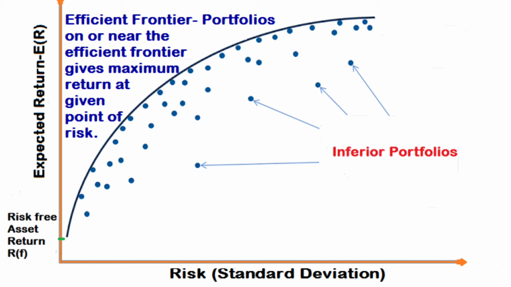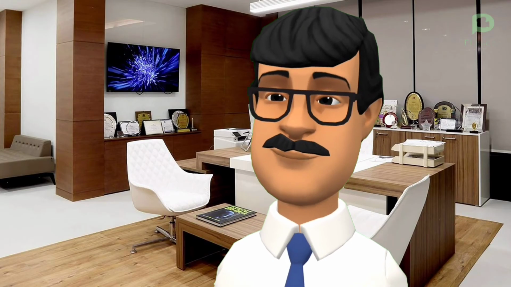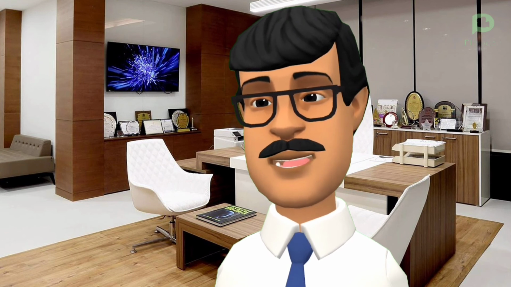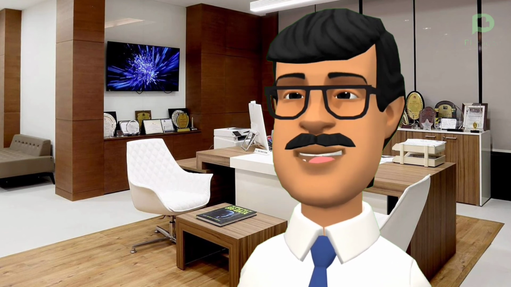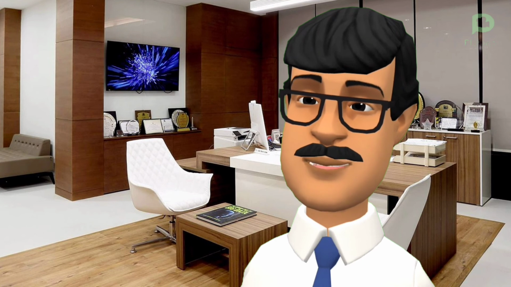The major advantage of the efficient frontier model is that it allows investors to choose a portfolio that offers the lowest possible risk at every level of return and choose a portfolio that offers the highest return at every level of risk. It should be noted that there is no single efficient frontier for all.